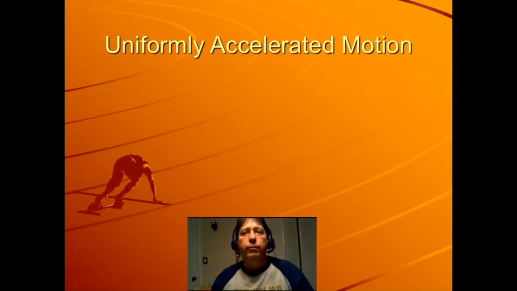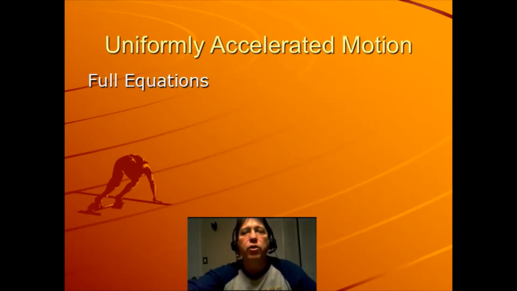Well, there you go. We've got the four equations for uniformly accelerated motion. If you look at each of these equations, you will see that they each offer something a little different. The top equation, if you know distance, initial and final velocity, and time, but you don't know acceleration, that's the equation you need to use.